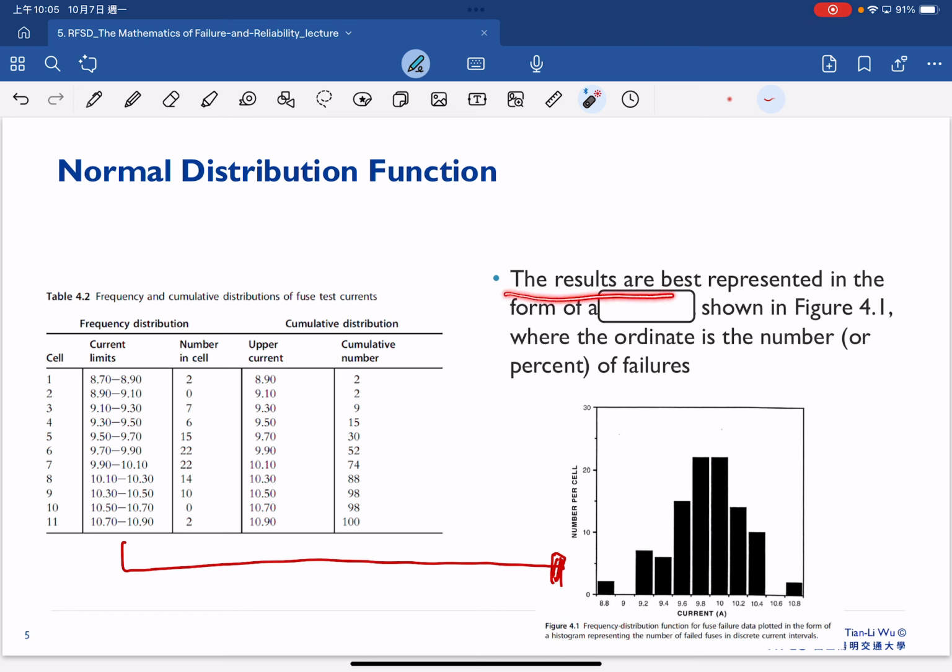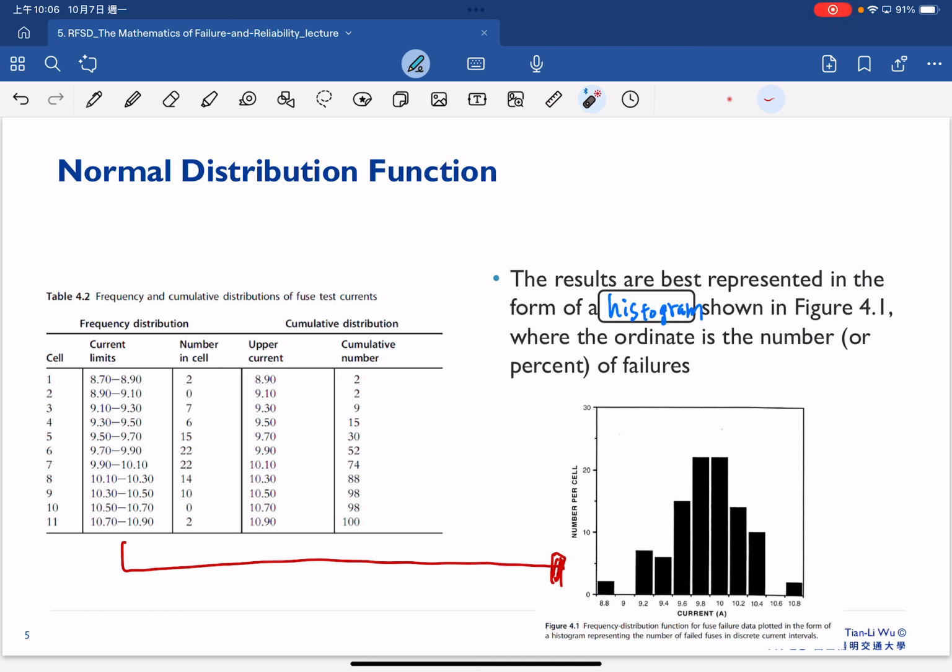The results are best represented in the form that we typically call a histogram, as shown in this plot. That's the very typical statistical analysis. If you have already used Excel for a while, it's very easy to generate this histogram plot in Excel.